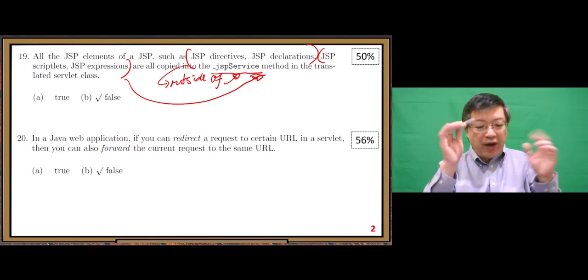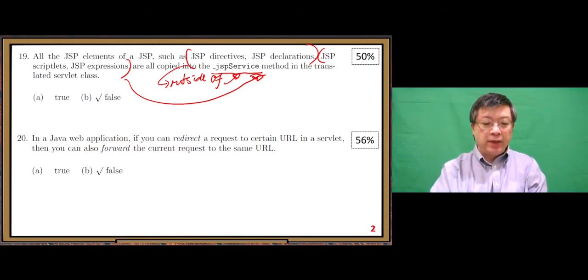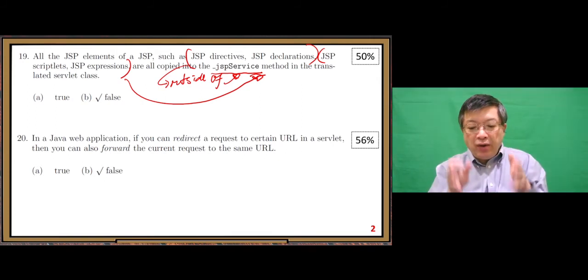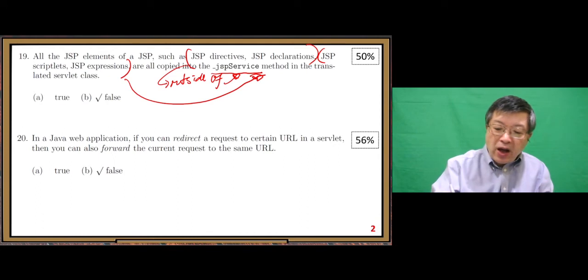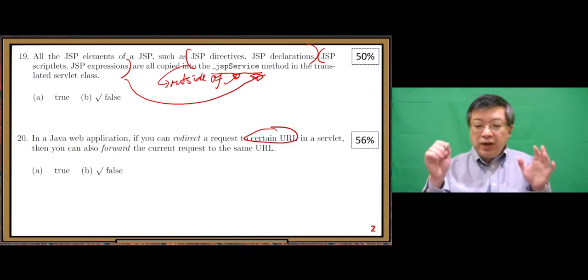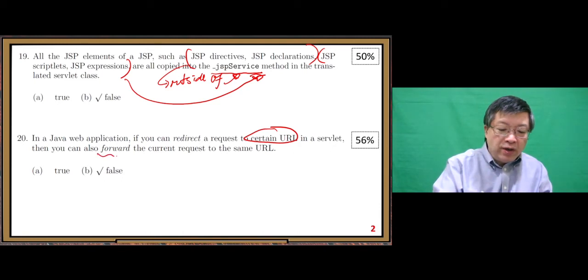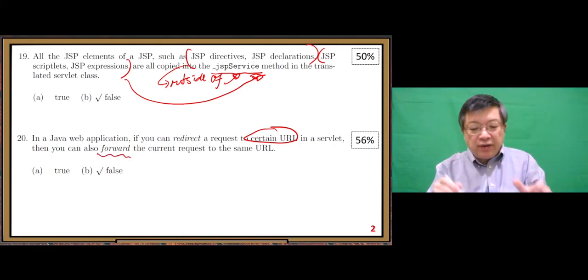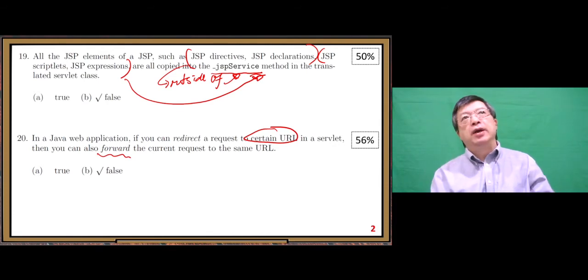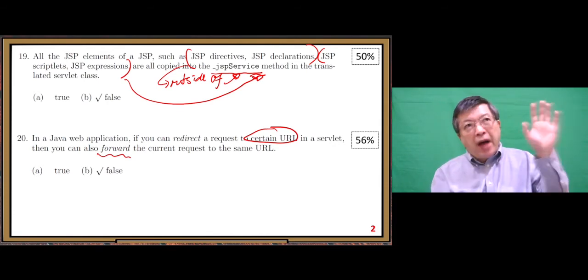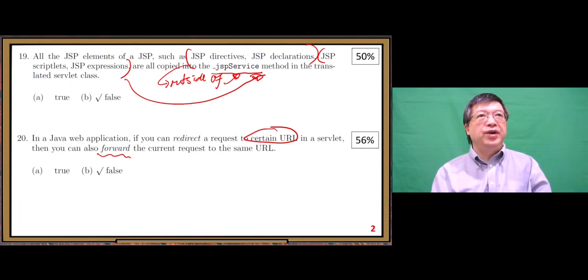So let's see why it is false. In a Java web application, if you can redirect a request to a certain URL in the servlet, then you can also forward the current request to the same URL. False. This one is actually not that hard.